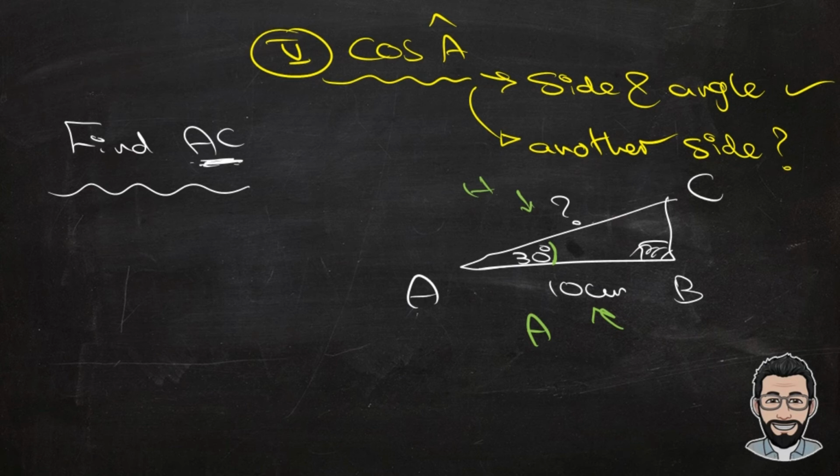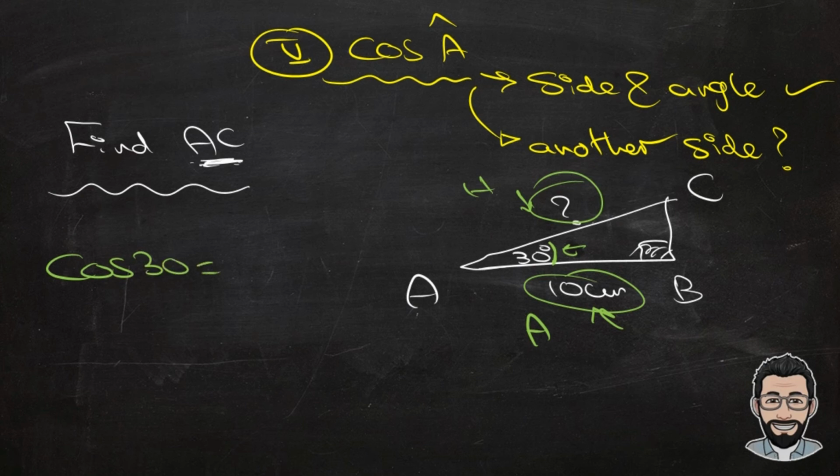Why didn't I find the relation between the hypotenuse and BC? Because the question didn't mention anything about BC. I have the hypotenuse, it's required, and this is given. So I'm finding a relation between the given and the required sides according to the given angle. So cosine 30 equals what is first? Excellent, A, which is 10 centimeter, over AC, which is the hypotenuse. Now put here 1.